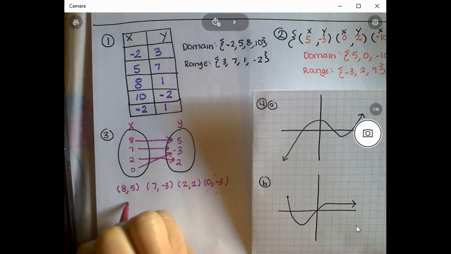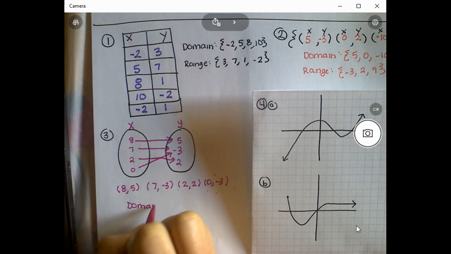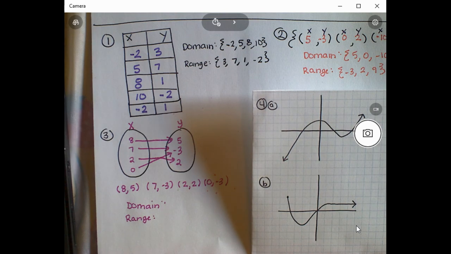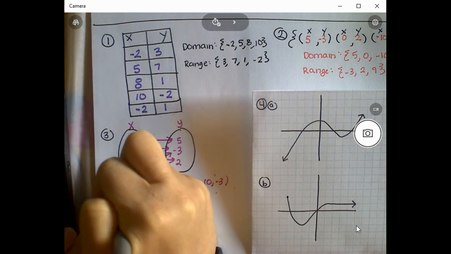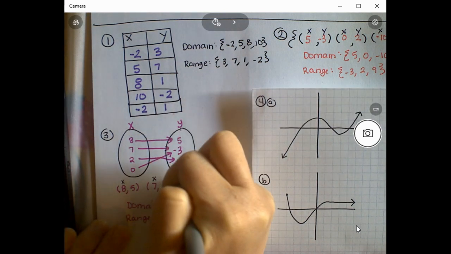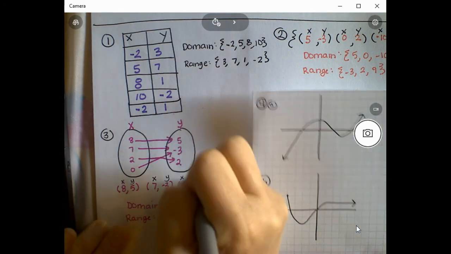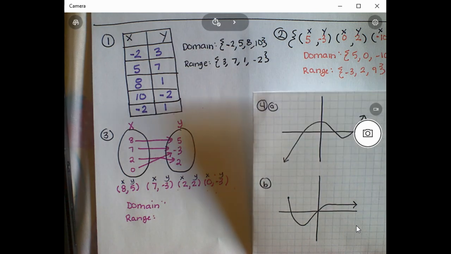All right, so if we're going to write the domain and the range for this, remember domain is the x value. So we're going to choose the first coordinate. And the y's are part of the range, and those are the second coordinate.